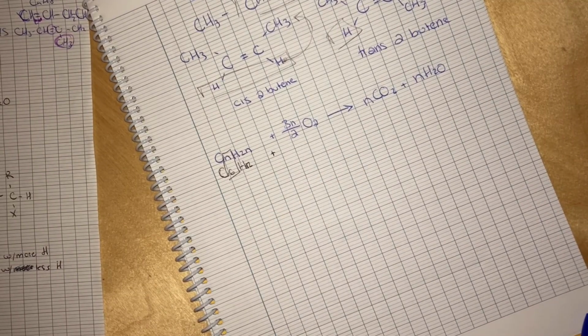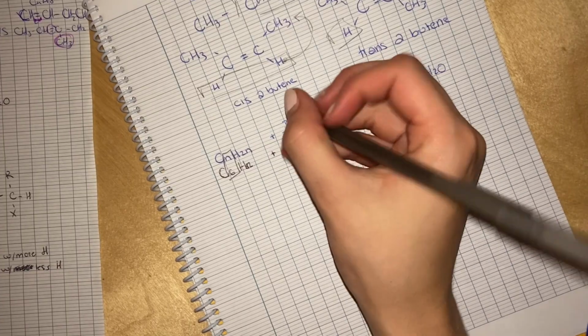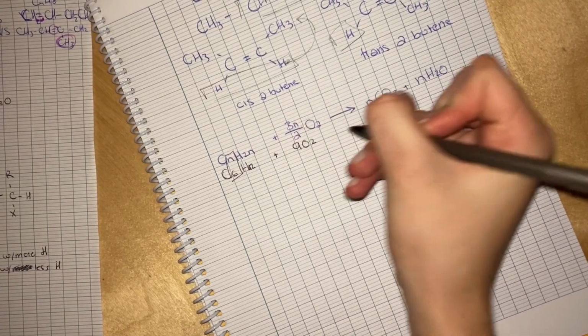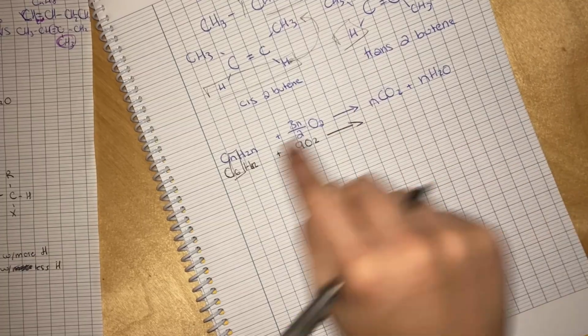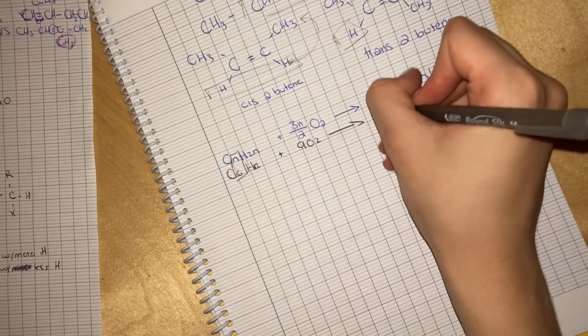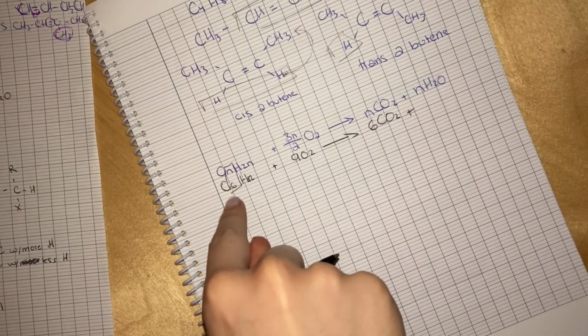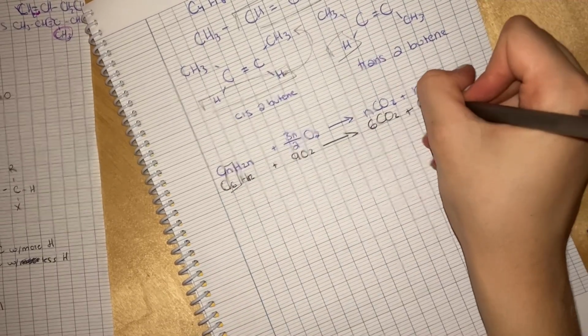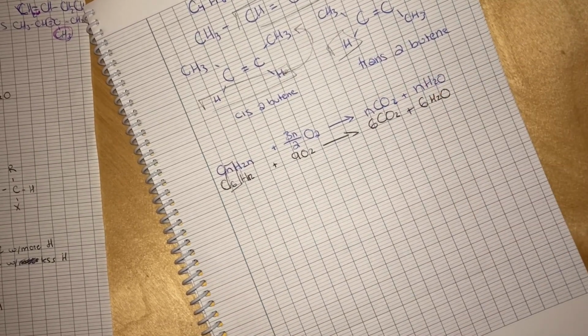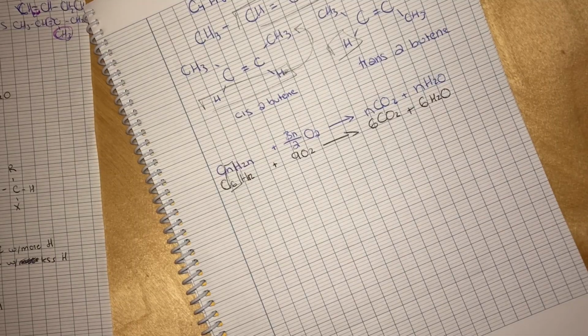Plugging this in, 3n, 3 times 6 is 18, divided by 2 is 9. So 9O2 gives nCO2, n in this case is 6, so 6CO2 plus nH2O, which in this case is, again, 6, so 6H2O. So that's your example of a combustion reaction.